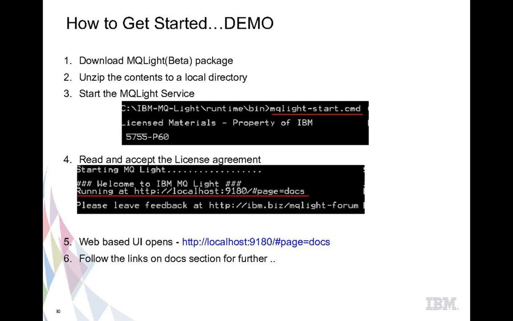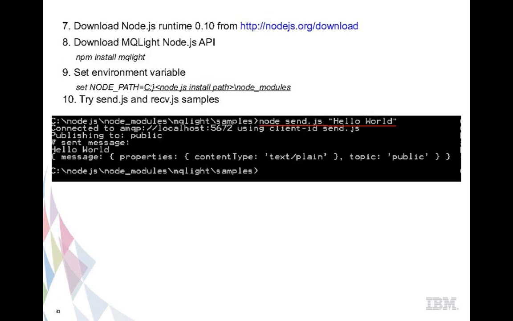On the next slide, next is to download the Node.js runtime from the Node.js org. Once you download it, you have to install Node.js on your computer. Once done, you can download the MQ client package from npm. That's the command npm install MQLite.